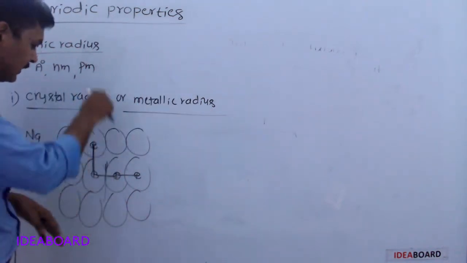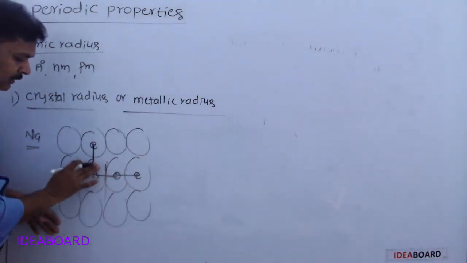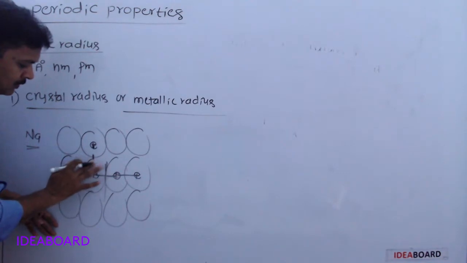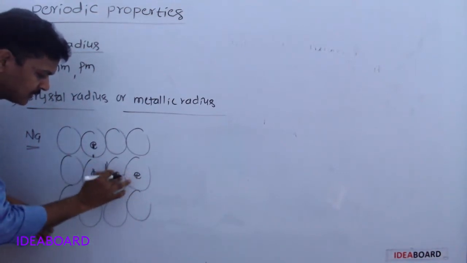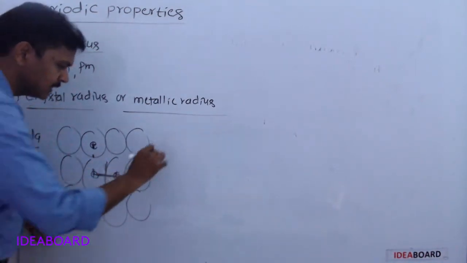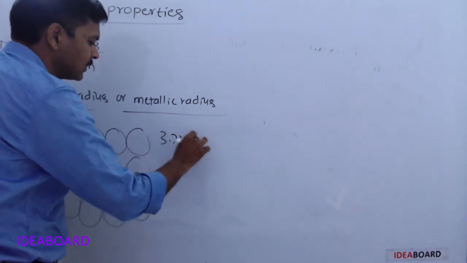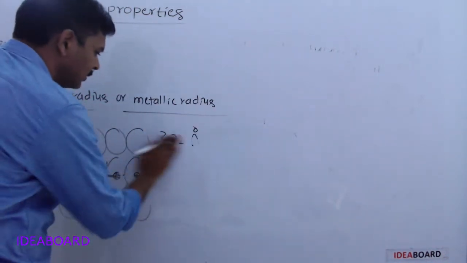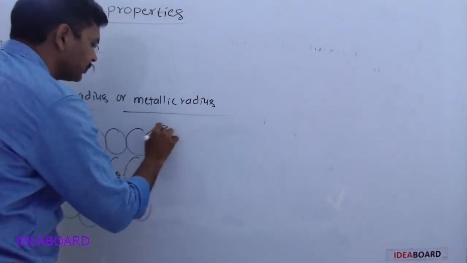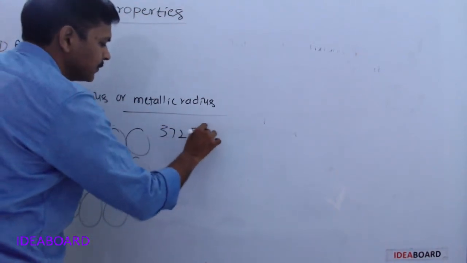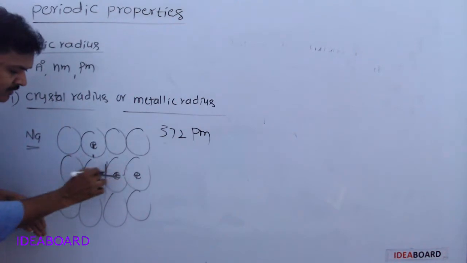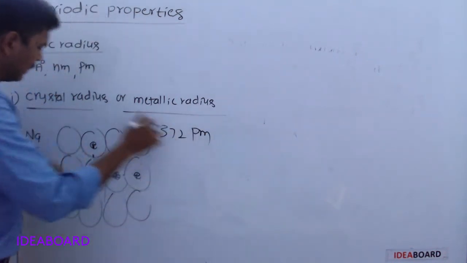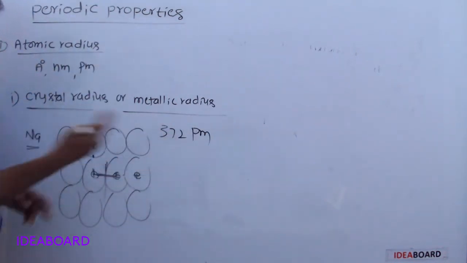In that sodium crystal lattice, this internuclear distance is 3.72 angstroms, nothing but 372 picometers. Then crystal radius is half of this.